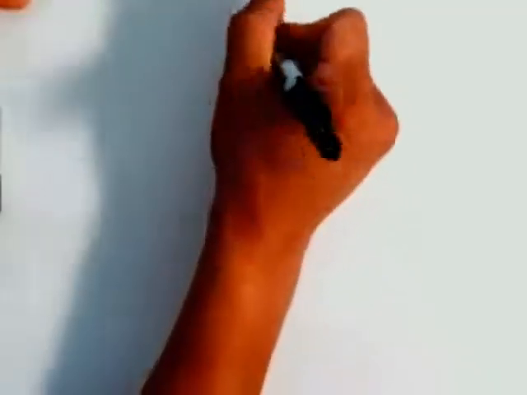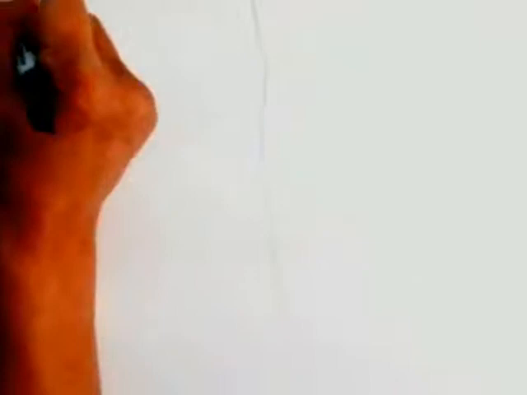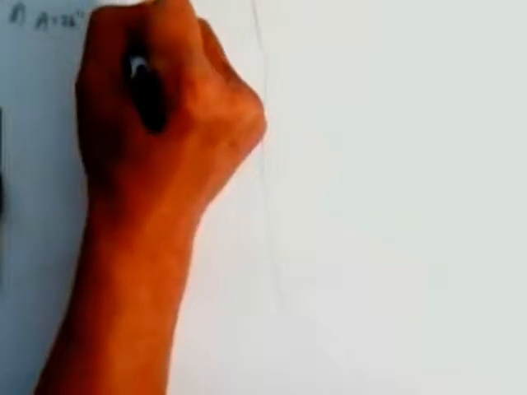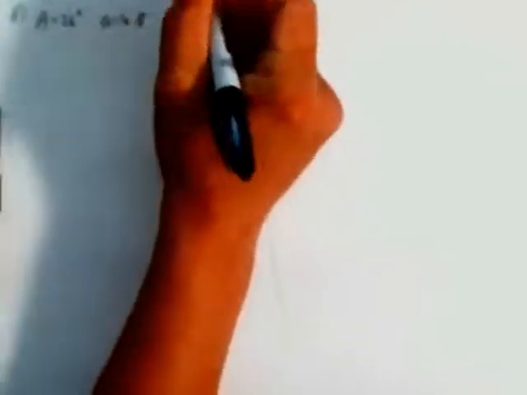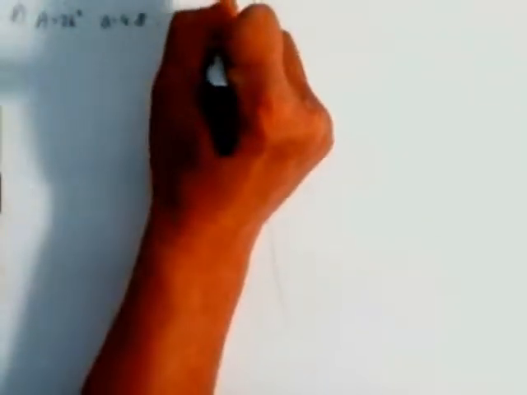Let's do another problem. Number 6. We just did number 6. Let's do number 8. Okay. Find two triangles for which A is 26 degrees. Little a is equal to 4.8, and little b is equal to 9.4.